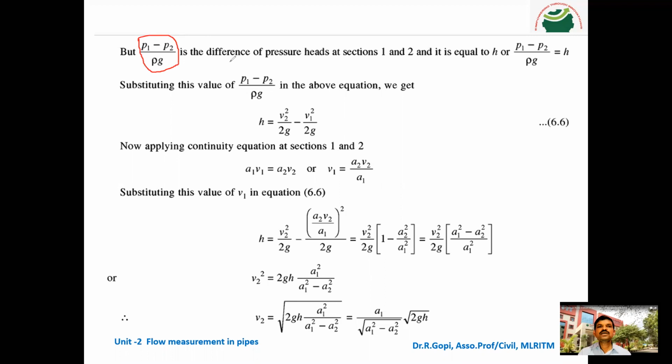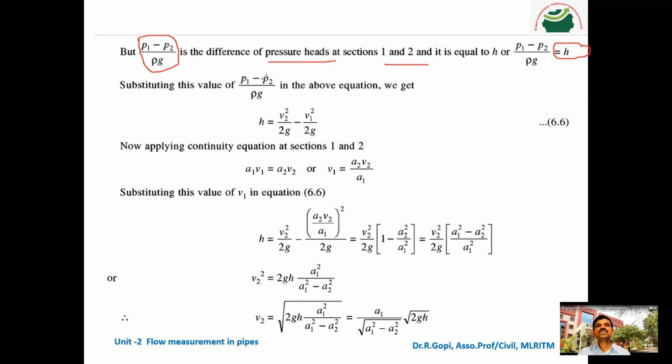So it is the pressure difference head, the difference of pressure head, because rho g is there in the denominator. P1 minus P2 is nothing but the pressure difference. So it is the pressure head at sections 1 and 2, which I take as P1 minus P2 divided by rho g equal to H, for simplification purposes.